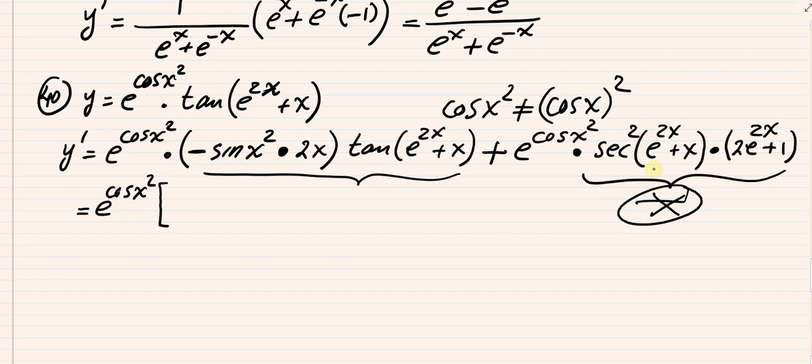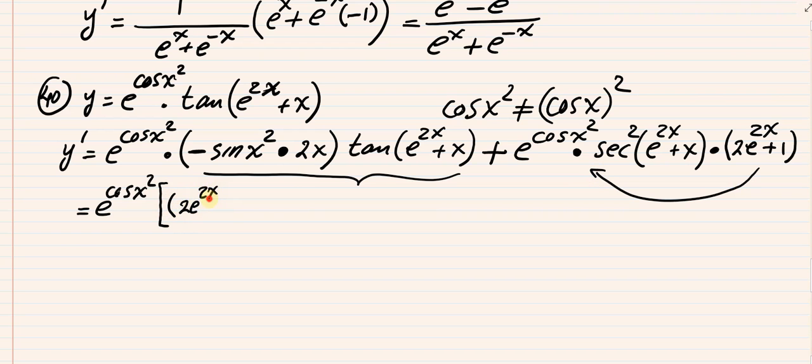And when I write it, I'm going to put the non-trig function in front, just so again, there's no misunderstanding. Do not FOIL the binomial here. These two, do not FOIL them. So moving the binomial in front of secant squared, I'm going to have 2e to 2x plus 1 times secant squared of e to 2x plus x.